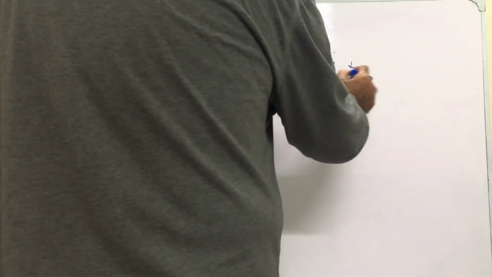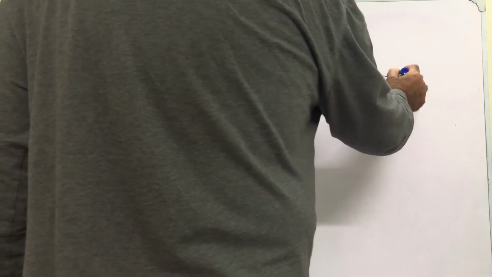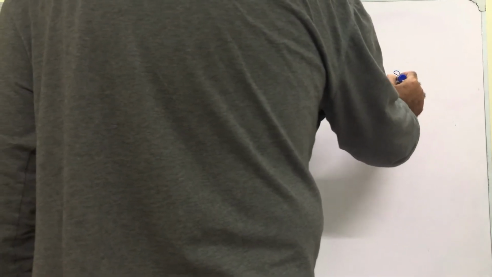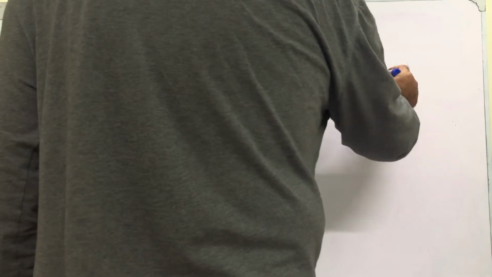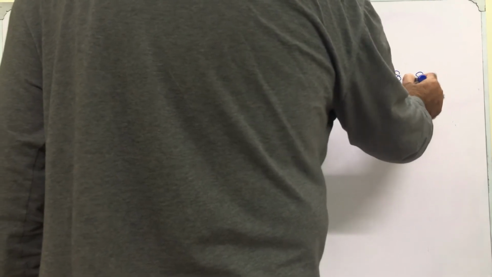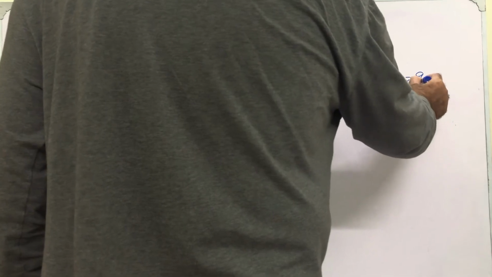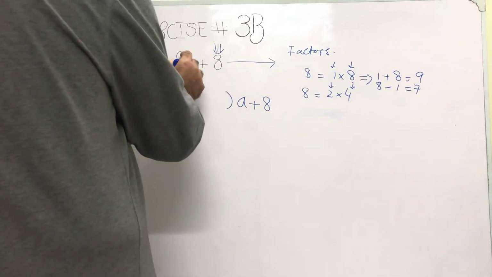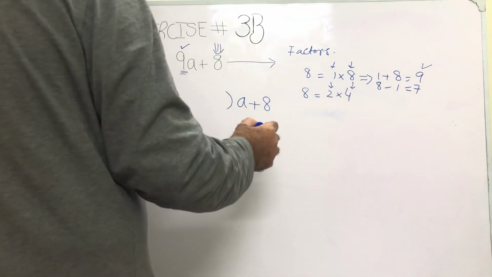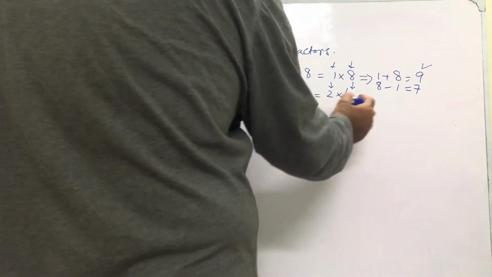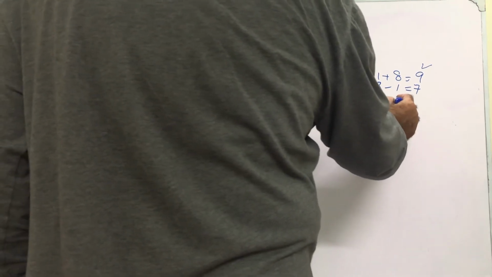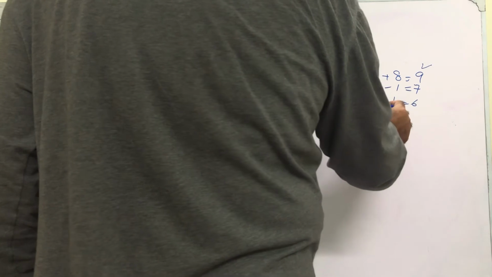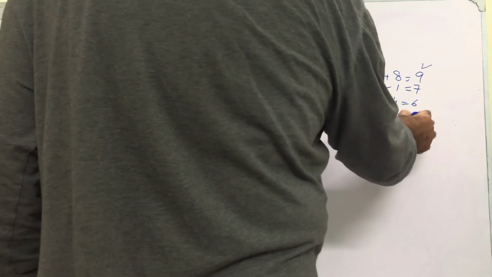These 2 numbers, if we add, what will happen? And if we subtract, what will happen? If we add, it becomes 9. If we subtract, it becomes 7. So here we got the number 9. We can also check with these factors what will happen. If we add these 2, 2 plus 4, it becomes 6. If we subtract, it becomes 2.